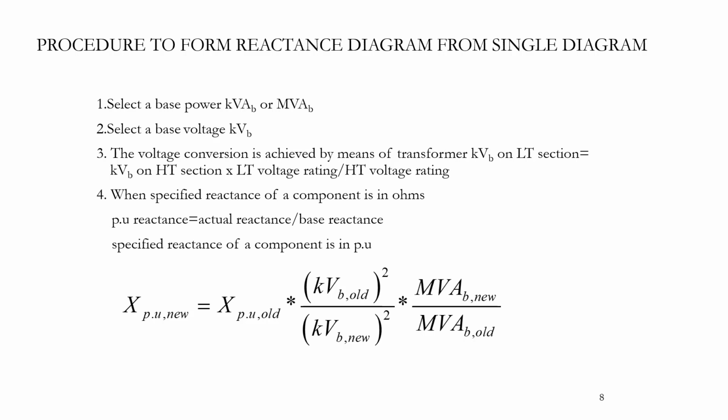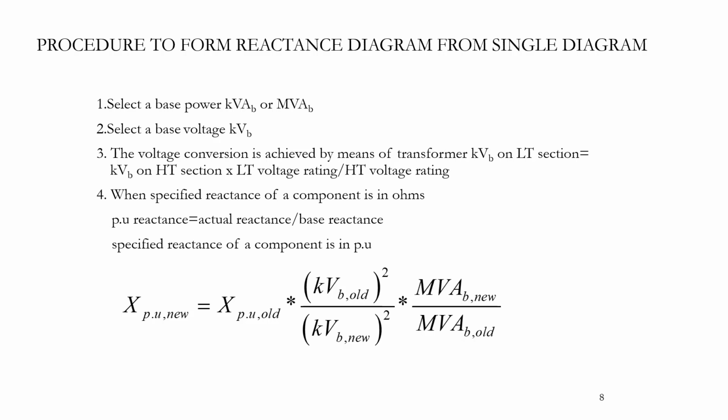Once this is done, when the specific reactance of the components is in ohms, the per unit reactance is nothing but the actual reactance divided by the base reactance. This is the formula, actual by base. Here, per unit reactance is taken as actual reactance by base reactance.